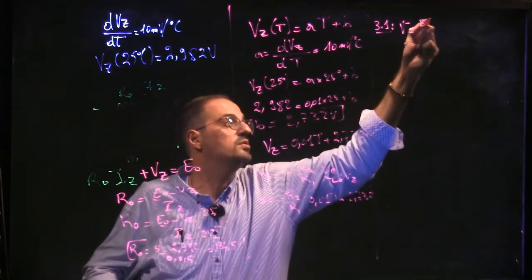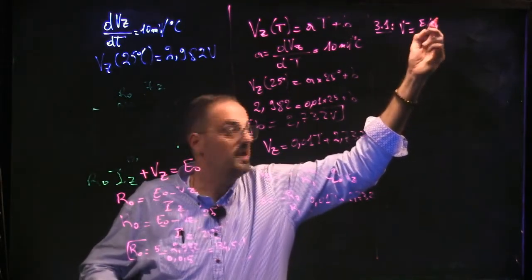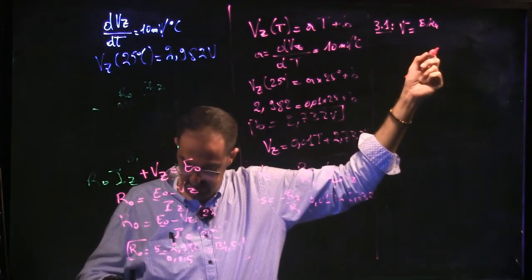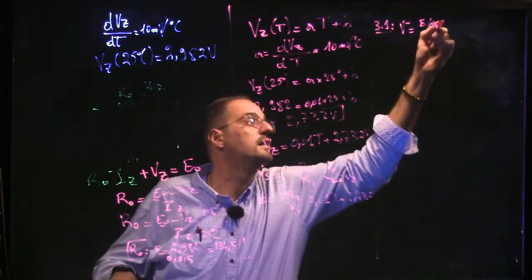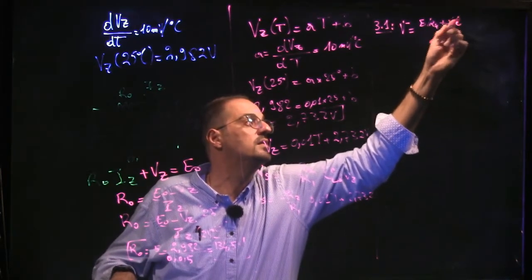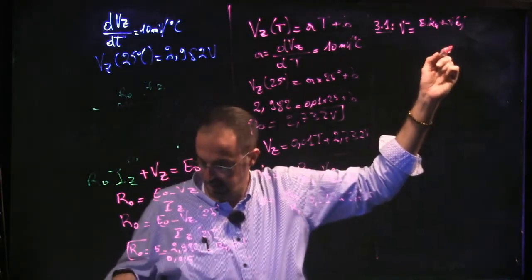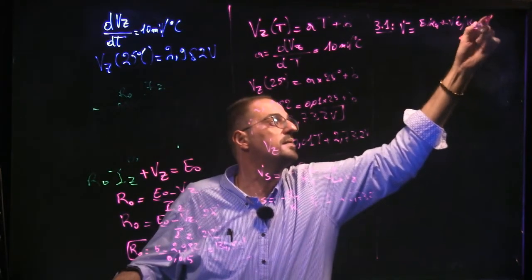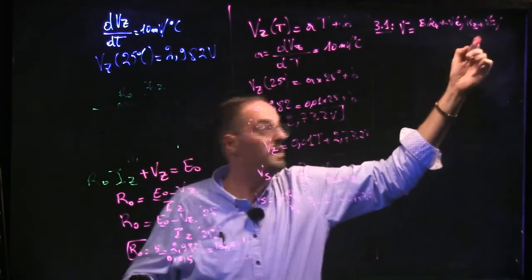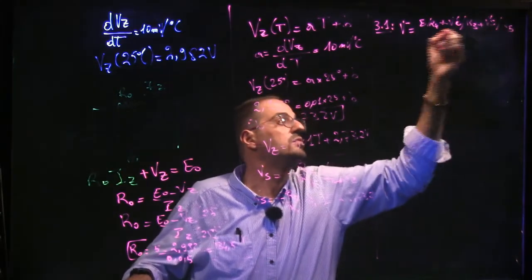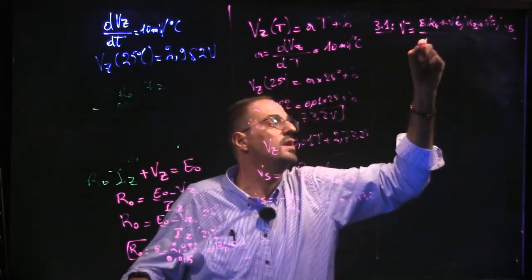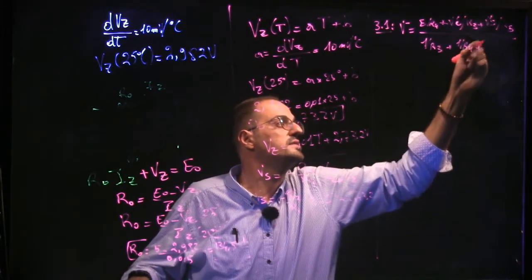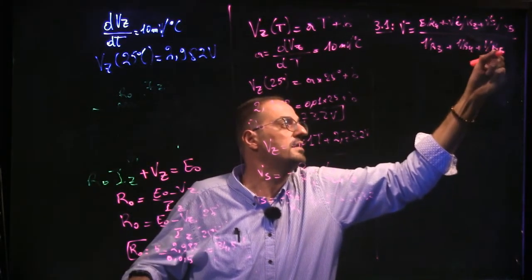That would be equal to E over R4 plus V prime E over R3 plus V prime S over R5, over 1 over R3 plus 1 over R4 plus 1 over R5.